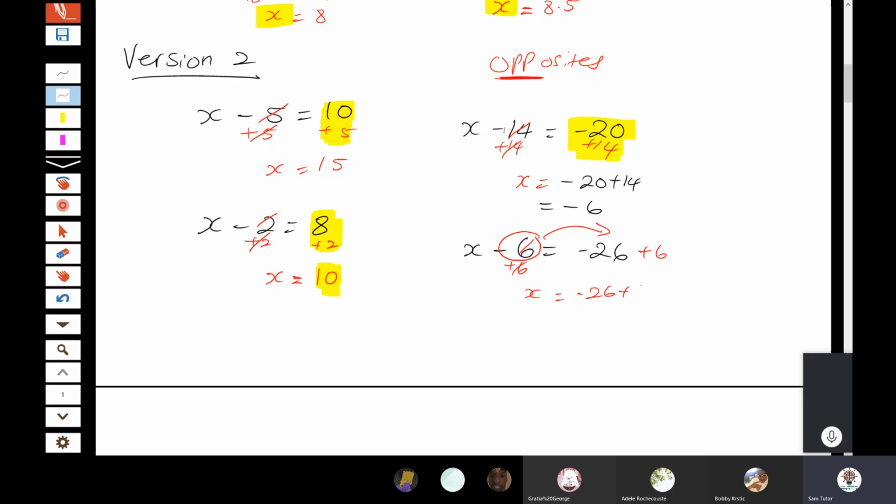Negative 26 plus 6 is negative 20. So it looks like we're just going to keep making those mistakes. So please be careful with your negatives and your pluses. Do you understand how to do that? Negative 26 plus 6? Just be very careful. It's tempting to say 32, but it doesn't work like that.